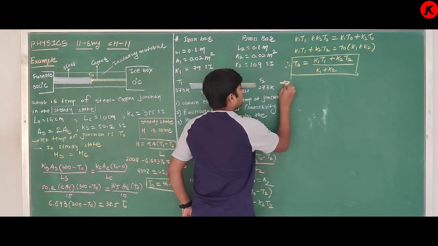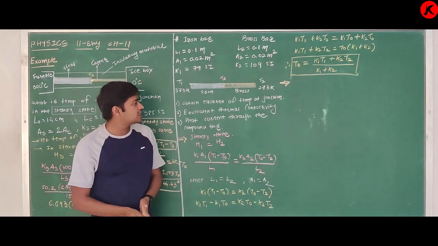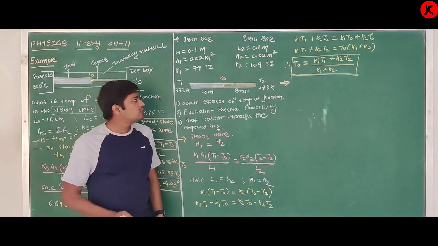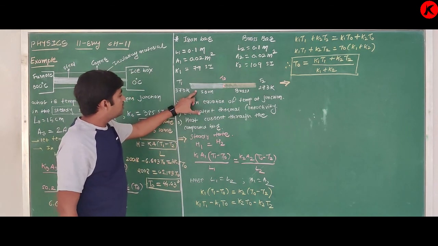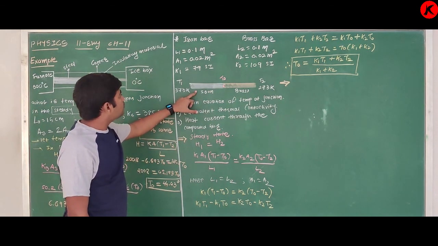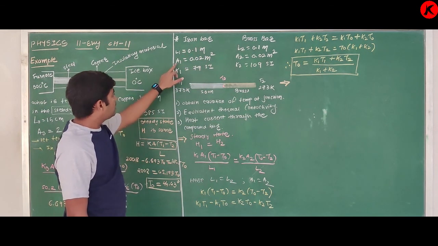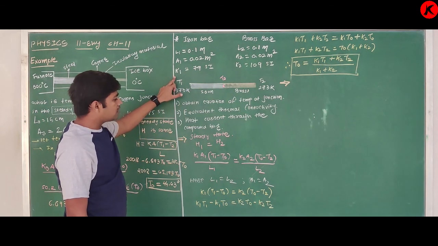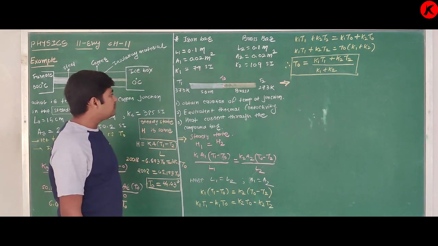You have to find the equivalent thermal conductivity. What do we mean by equivalent thermal conductivity? See, this iron wire is of length L1, the brass wire is of length L2, with areas of cross section A1 and A2 and thermal conductivities K1 and K2.